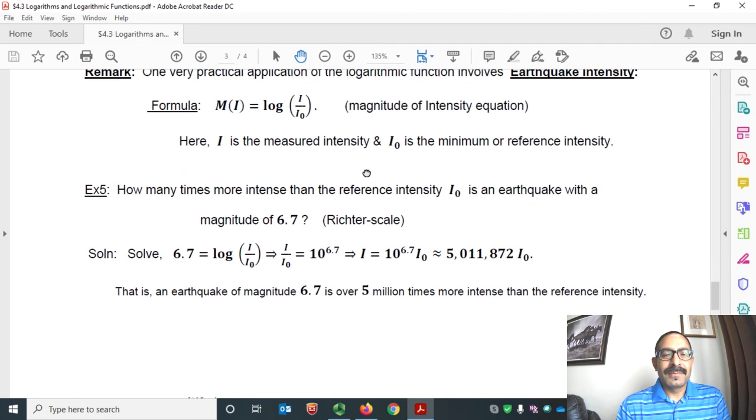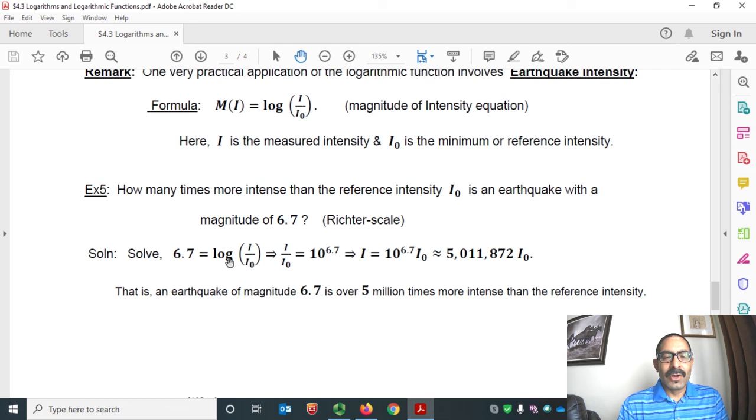Example 5. How many times more intense than the reference intensity I0 is an earthquake with a magnitude of 6.7 on the Richter scale? Solution. Here is the formula. So 6.7 equals log of I over I0.